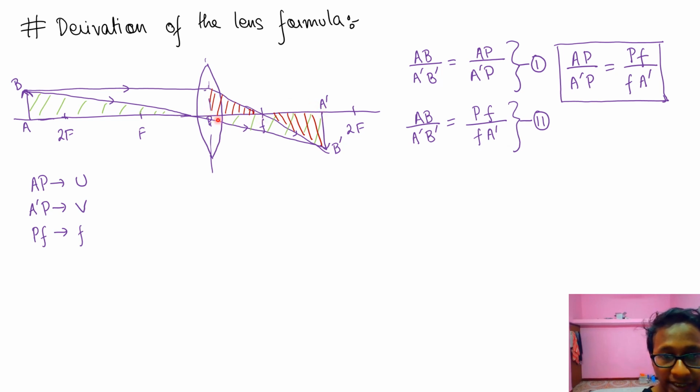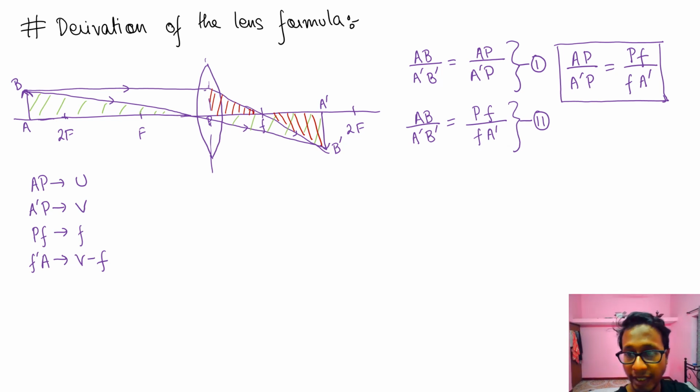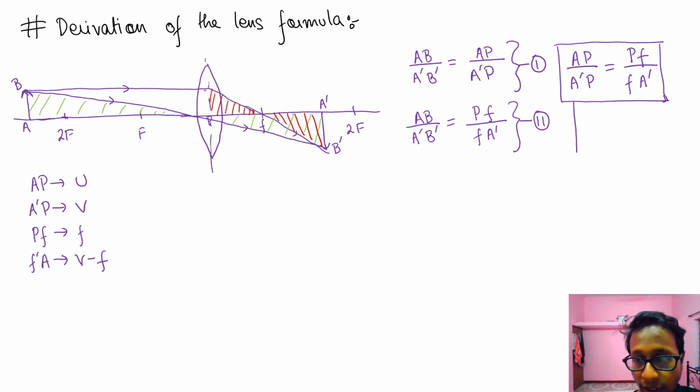See, this entire distance is V, no? And this distance is nothing but V minus F. So F dash A is equal to V minus F. So if we take this equation and substitute all the parameters here, we get what?